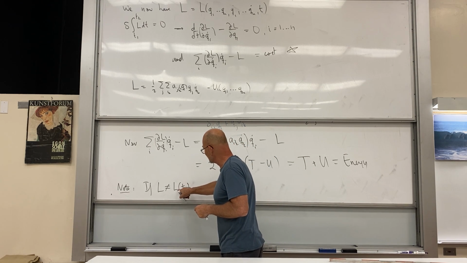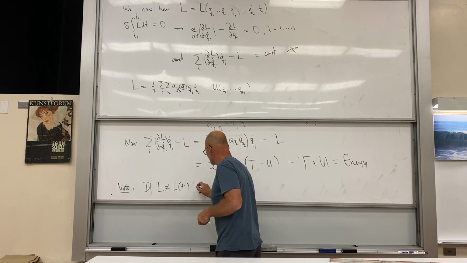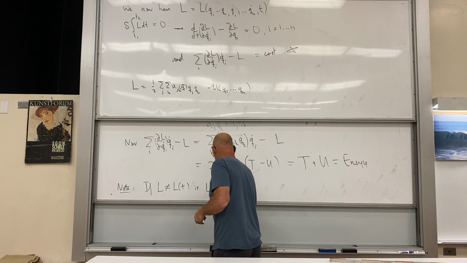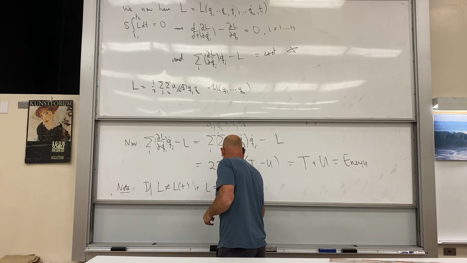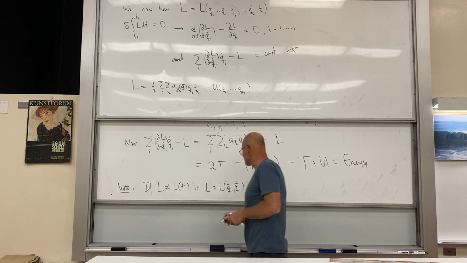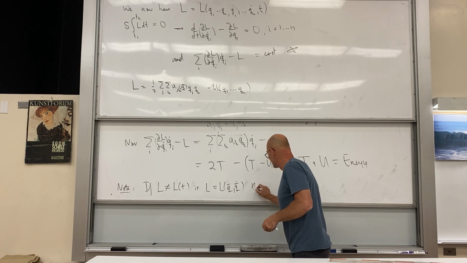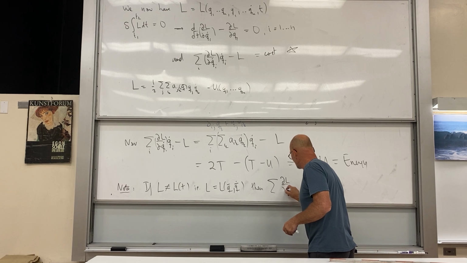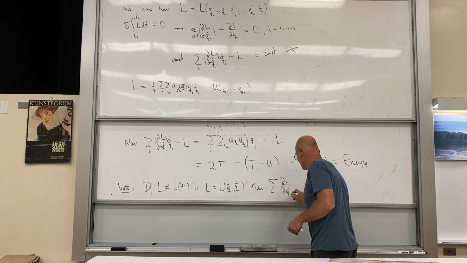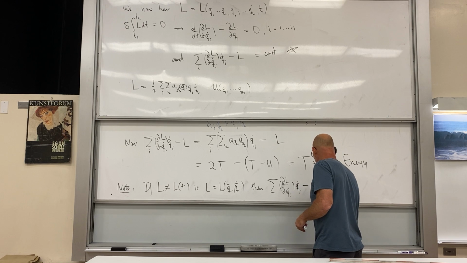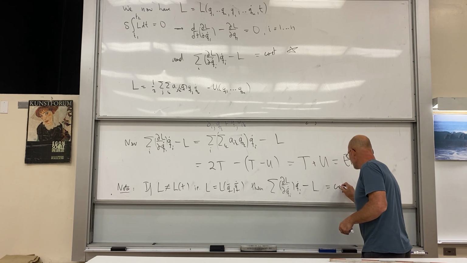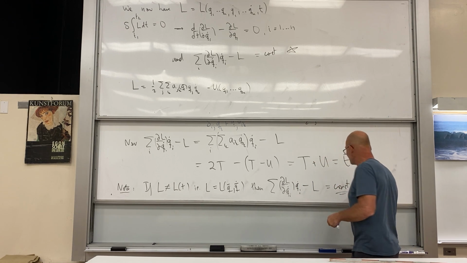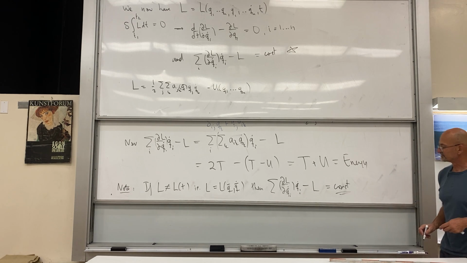That's how I write that. L is not explicitly a function of time, i.e. L is simply a function of the coordinates and the generalized velocities, then the sum of dL/dq_i dot times q_i dot, minus L is equal to a constant. That's the conservation of energy right there.